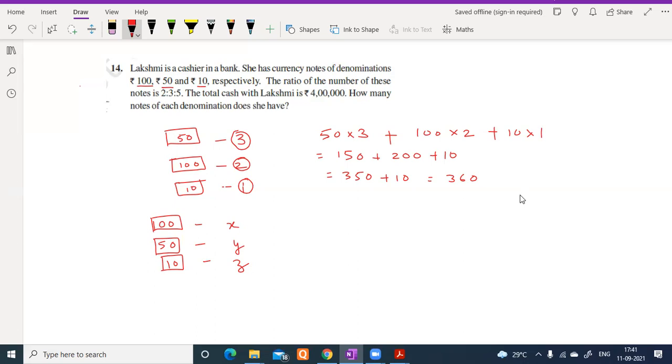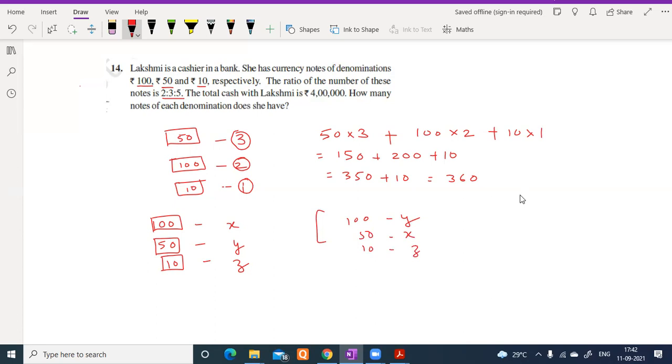Or else, if you have taken it the other way around, you have to reverse this also. Like, if I take 100 rupee notes as Y, 50 rupee notes as X, and 10 rupee notes as Z, what should I do?